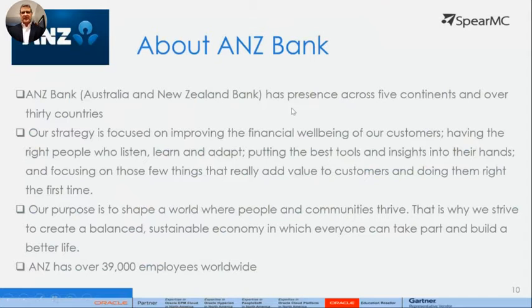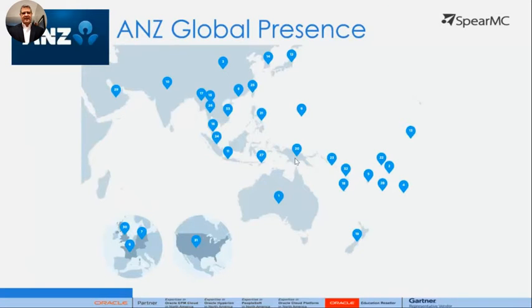But they, as you'll see in my next slides, are in well over 30 countries now, and had a lot of leases in many of those countries. 39,000 employees worldwide. They focus on the financial services industry. The largest bank by far in Australia.